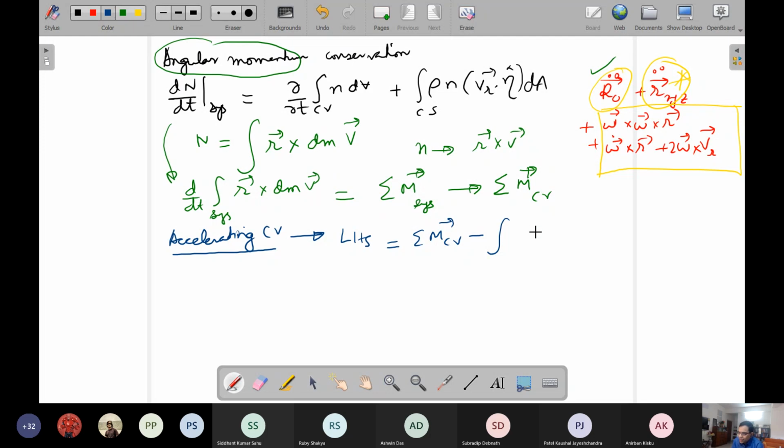So we will write the correction term exactly by drawing analogy with what we wrote for the linear momentum. For the linear momentum, it was this one.